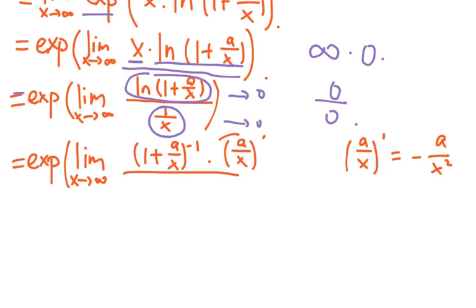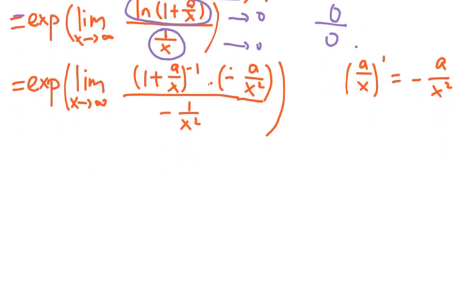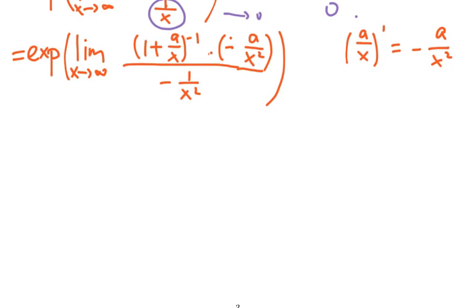So I'm going to replace this part by negative a over x squared. And then for the denominator, if we take the derivative of 1/x, we will have negative 1 over x squared.